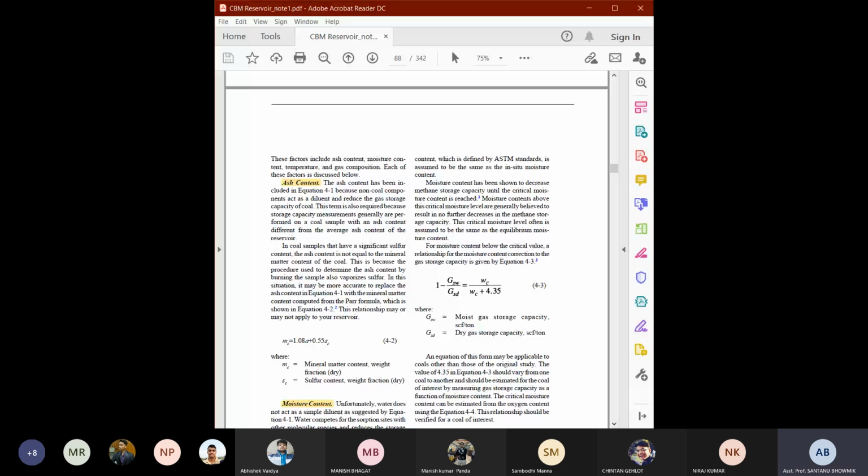In that case, you will see that your total carbonaceous content, which is supposed to be present in the coal, is also going to be very much less, because the ash percentage is going to increase.